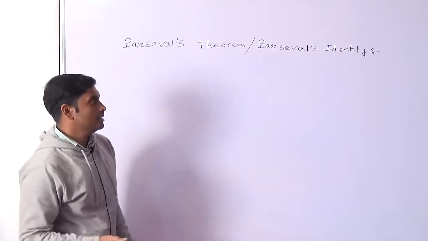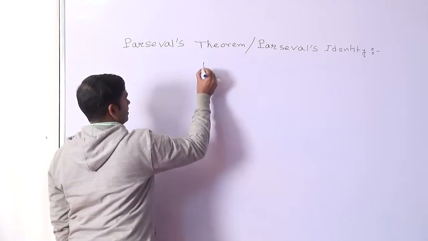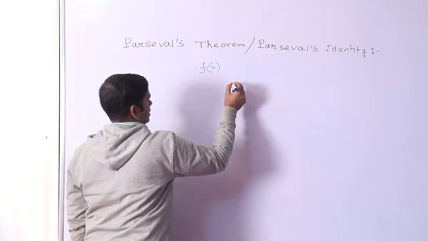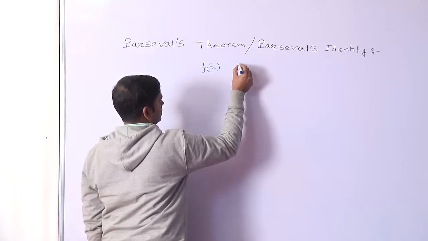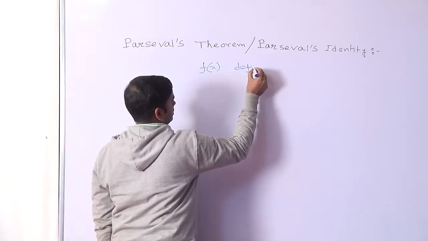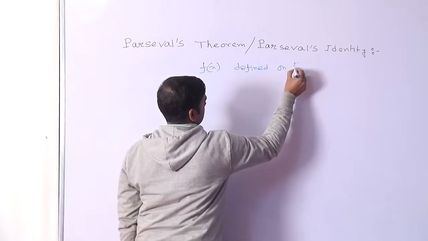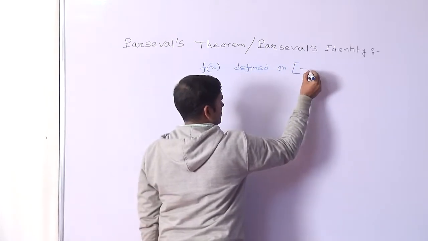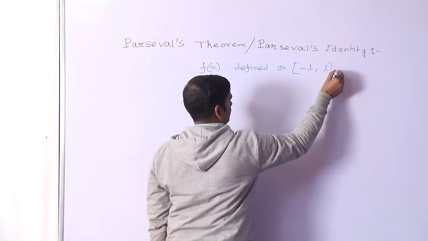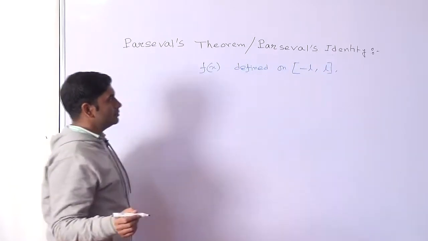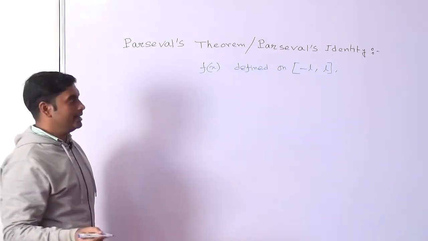So let's say some function f(x) is defined on -L to L and also satisfies the Dirichlet condition.